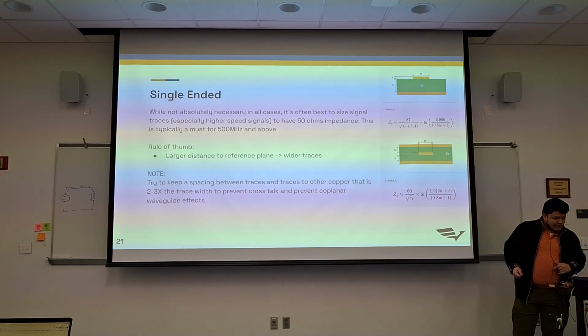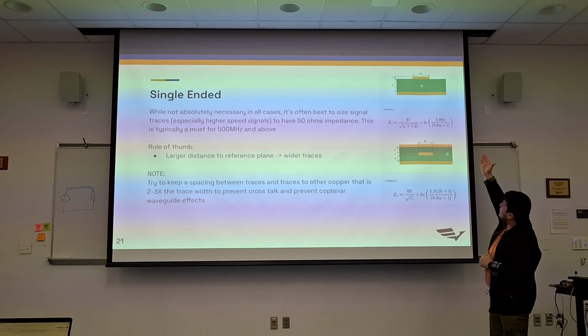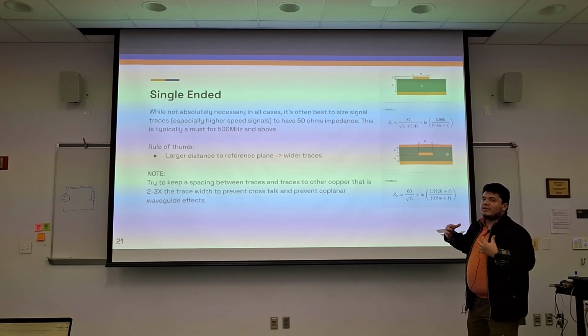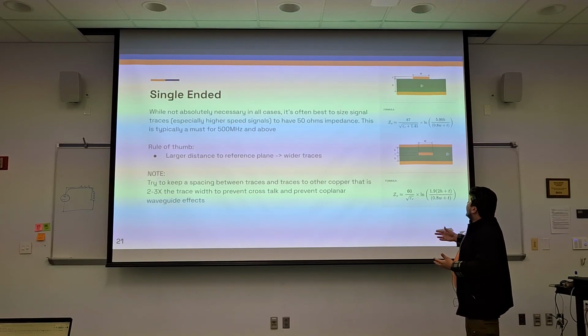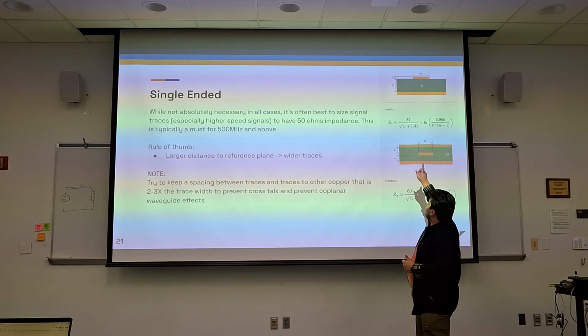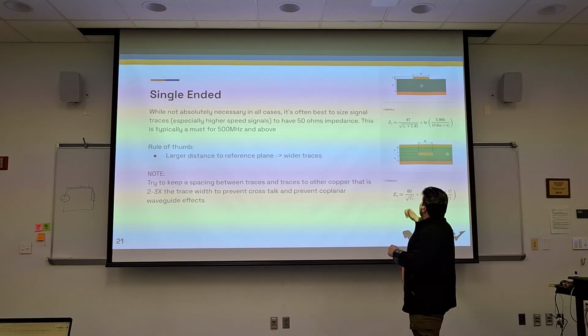So when we are talking single-ended, we have these two models. For the most part, since most of what we're doing is only 4 layers, rarely are you going to have a strip line. So let's focus on microstrip. Generally speaking, we get a nice rule of thumb.